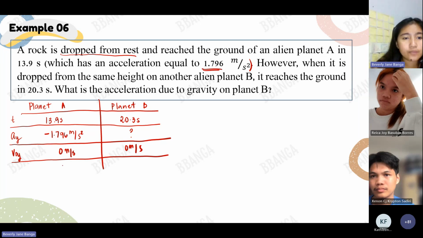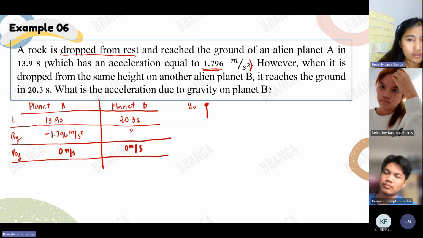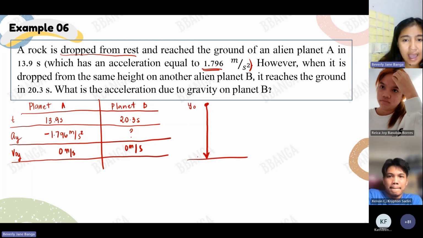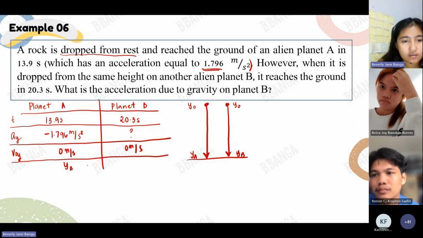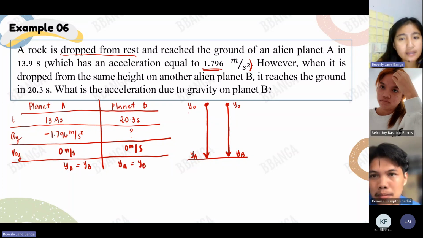Ibig sabihin, kung dito na-drop yung object, so start siya sa y naught is 0, na-drop siya at height y_A in planet A, ganun din sa planet B. So, y naught siya sa planet B din nag-start, and then, nahulog siya at some height y_B, wherein the y_A is simply equal to the y_B. Okay, so kung ano yung height niya sa planet A, yun din yung height niya sa planet B. So, meron na tayong alam na ganito.